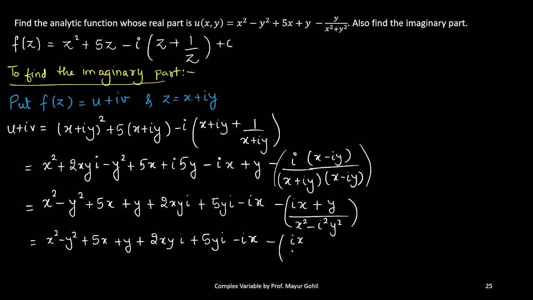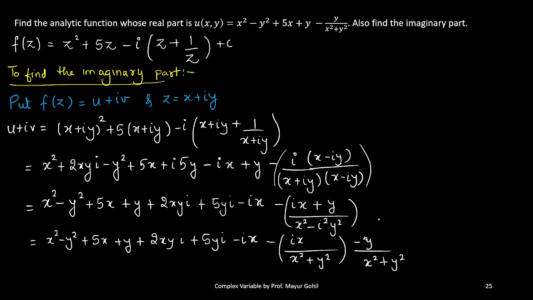Now the denominator can be separated, so I'll separate it as x over x square plus y square, and separate this with the minus y over x square plus y square. That's how it can be. So these are the two terms here, okay? So that's what you have here.